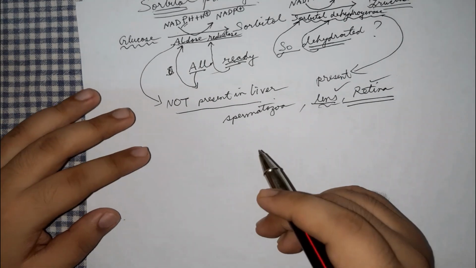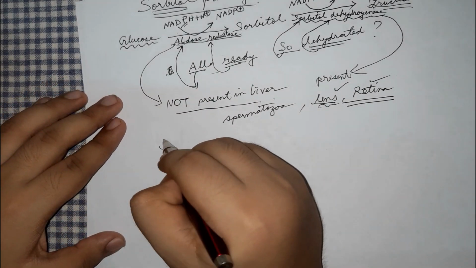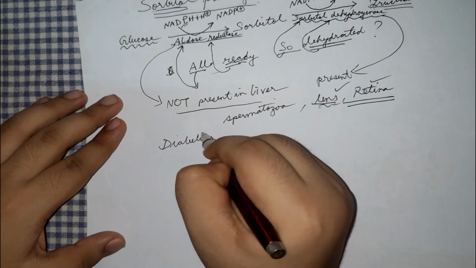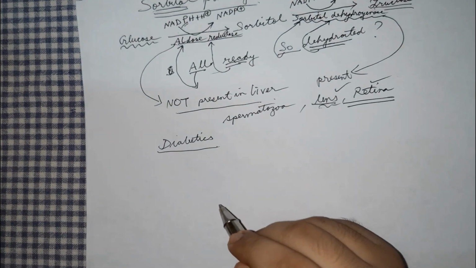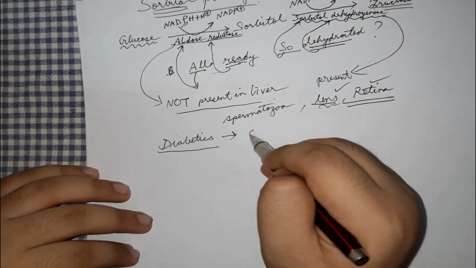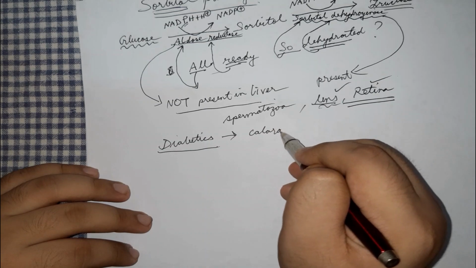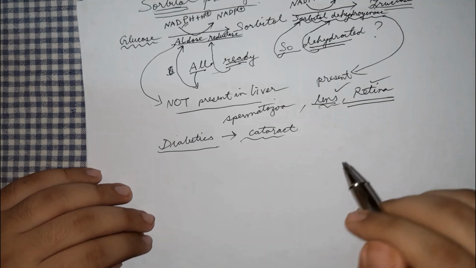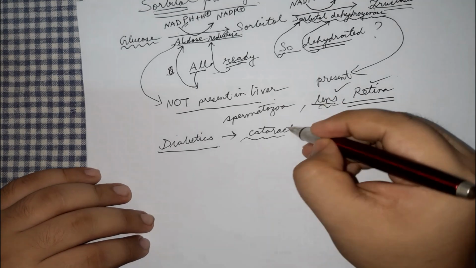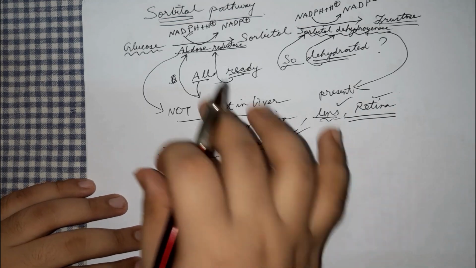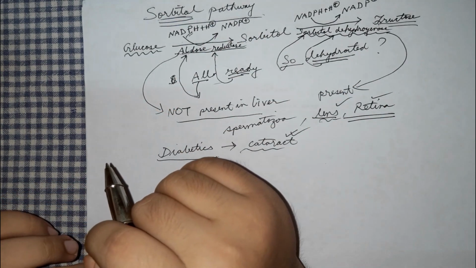In case of diabetics, people who have diabetes mostly have a high risk of cataract, that is, losing their eyesight. Why is that the case? That is the case mostly because of the sorbitol pathway.